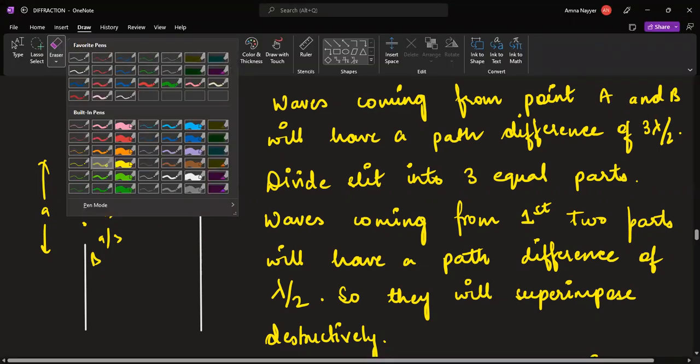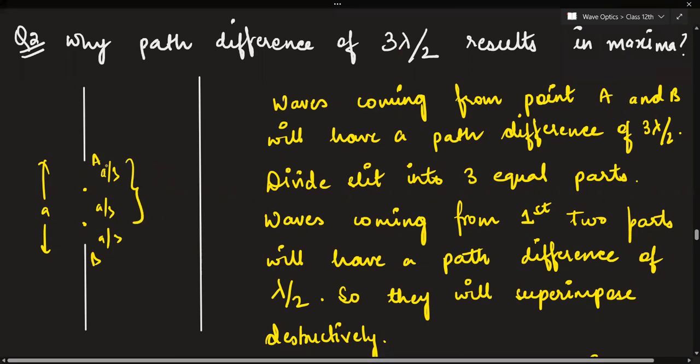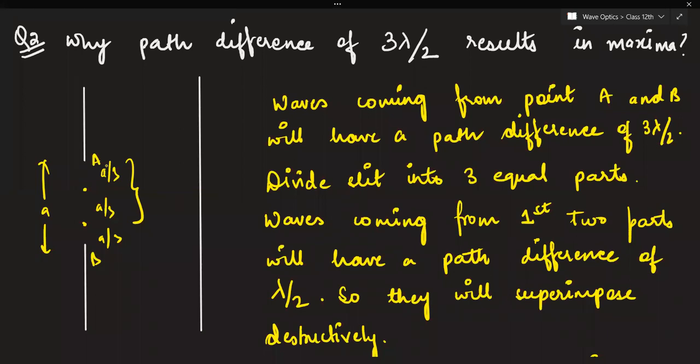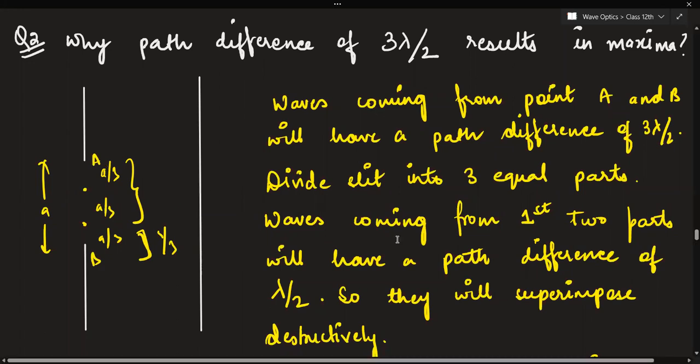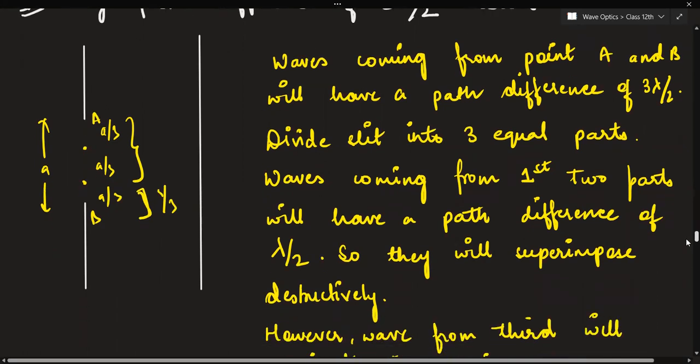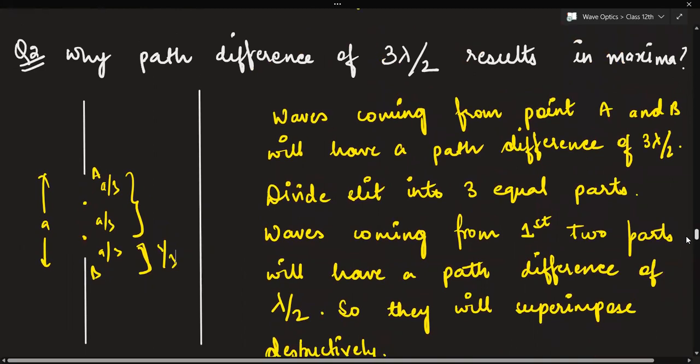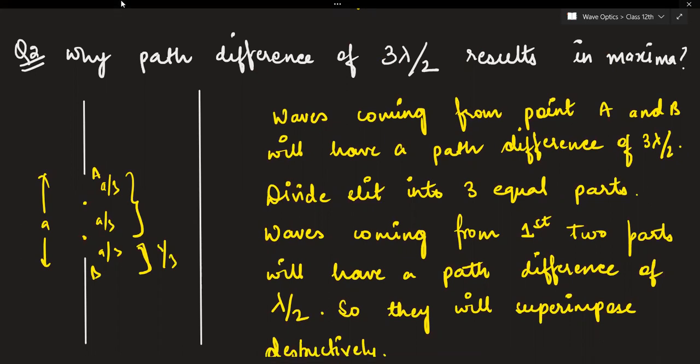So both of these will superimpose on each other destructively. One part will be left, 1/3 of the total slit. So this part will be left. That's why this results in a maximum value, because even after destructive interference, you have an extra value left, which is this 1/3. That's why this results in a maximum.